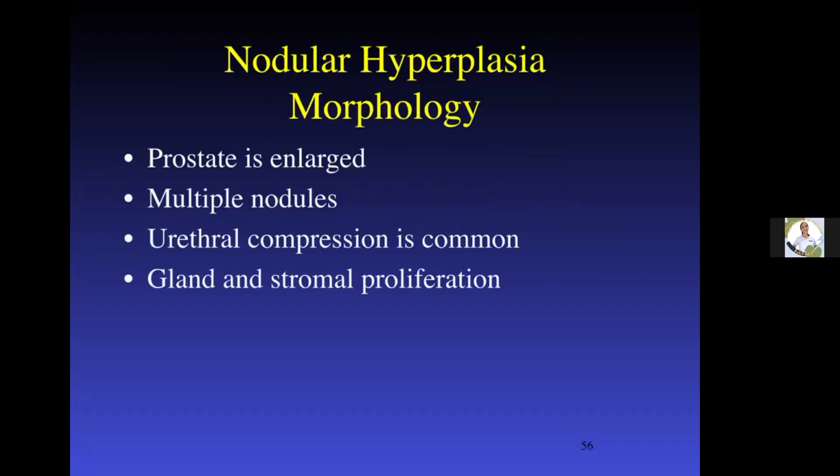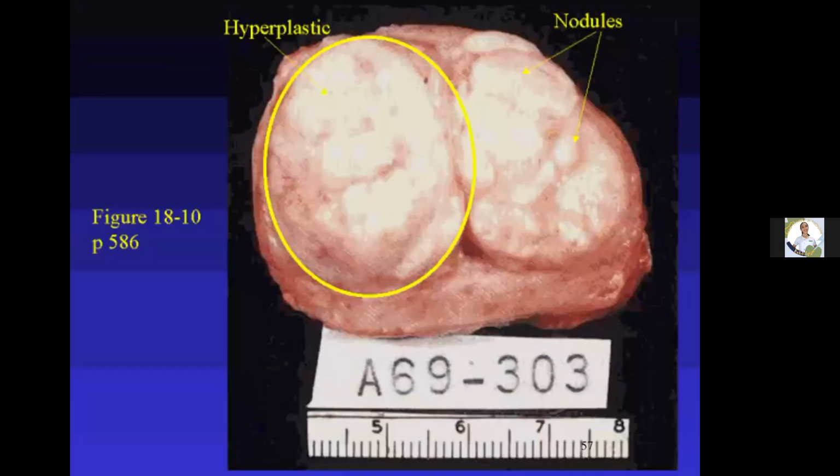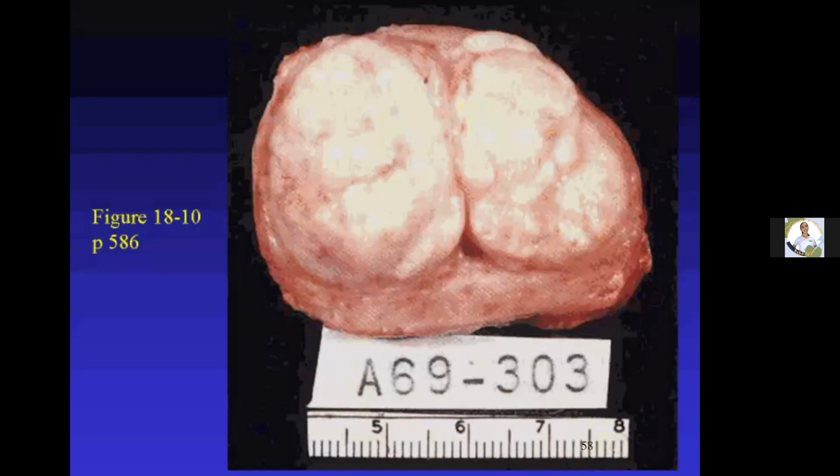So the prostate is enlarged. You have multiple nodules. There is urethral compression. Under the microscope, you can see proliferation of both your glandular elements and your stromal component. So here is a picture of your nodular hyperplasia of the prostate. You have there several nodules.